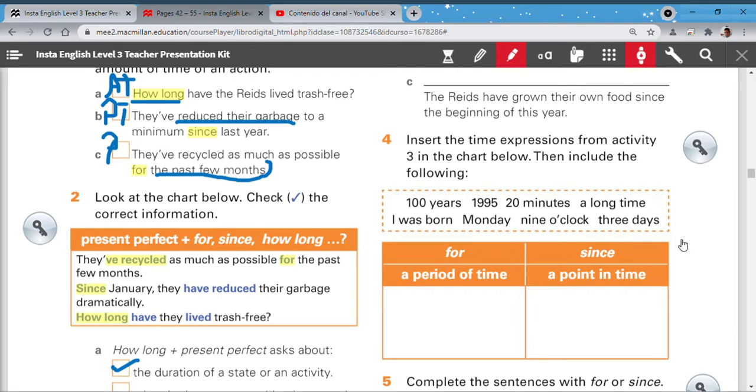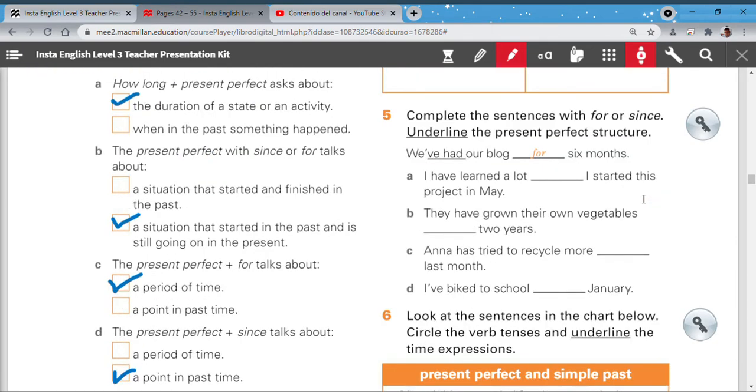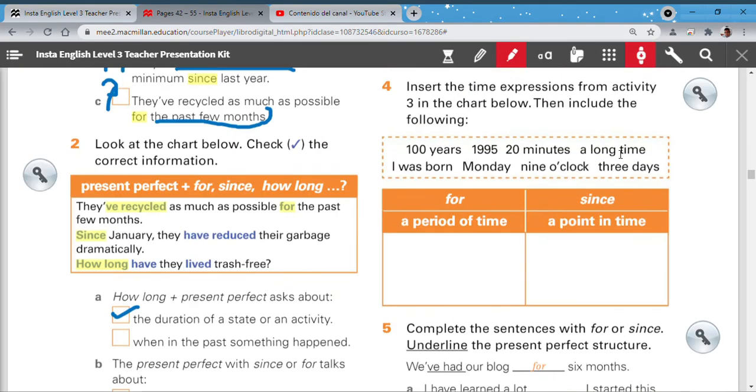Okay? Now let's see. So remember, you can listen to the video and complete this part. So in this case, we're going to complete activity with for and since. No, we've had our block for 6 months. 6 months.